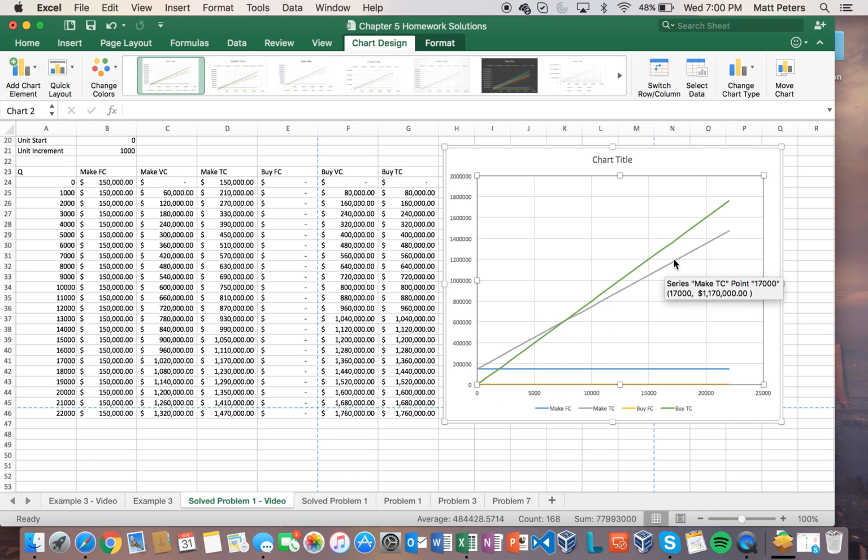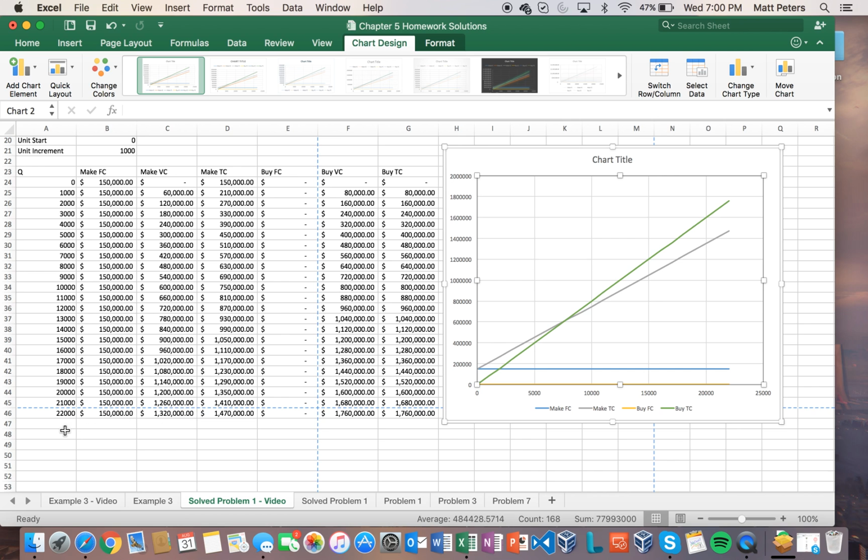The gray part is to make it. So we know that if we sell, say, just 5,000 units, buying is cheaper. But if we sell 15,000 units, making it is actually cheaper. And the lines cross somewhere around there.